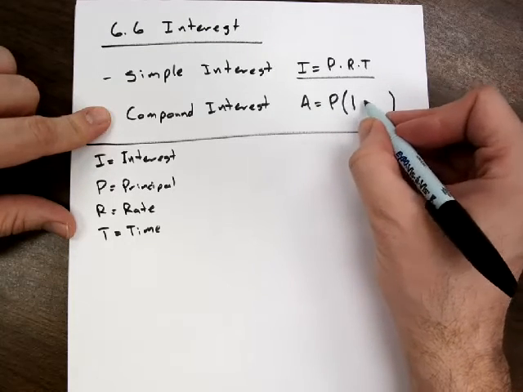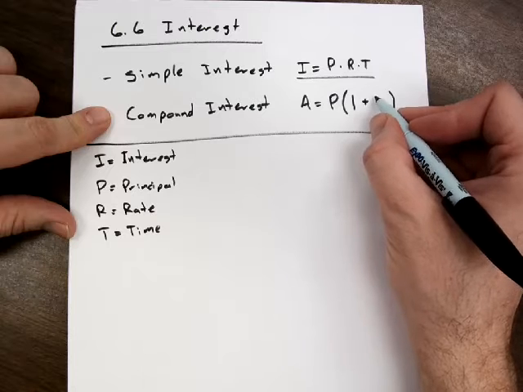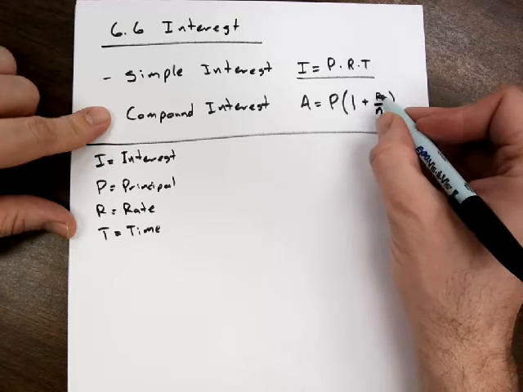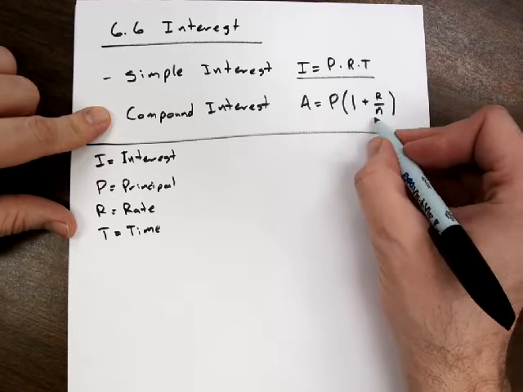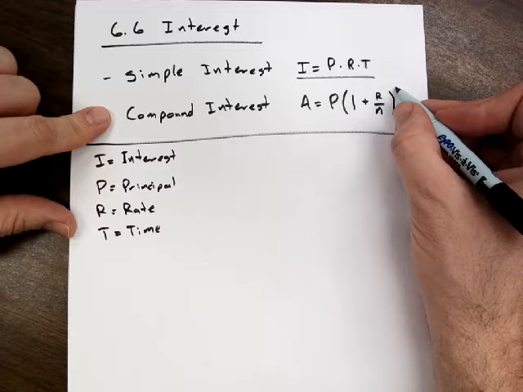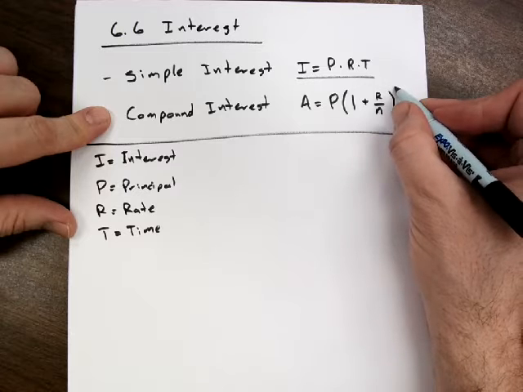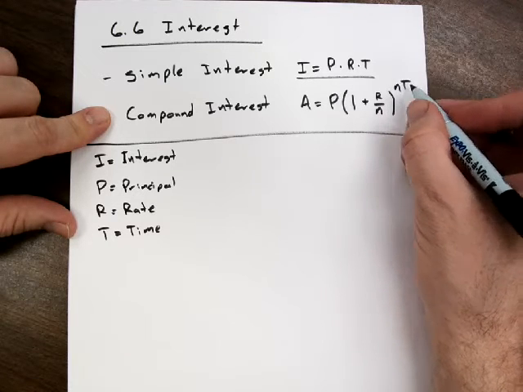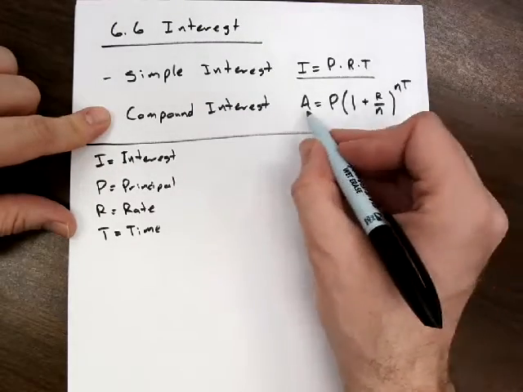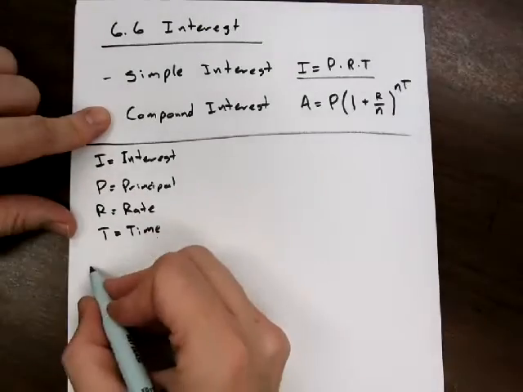We've got 1 plus what we call this R over N. R is that rate, and then N is going to be the number of times that you're compounding. And this is going to be to the NT.